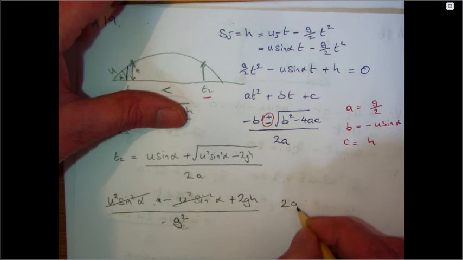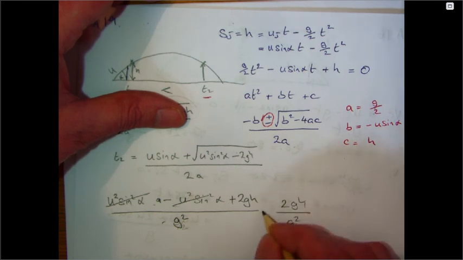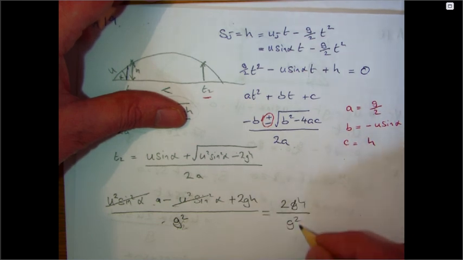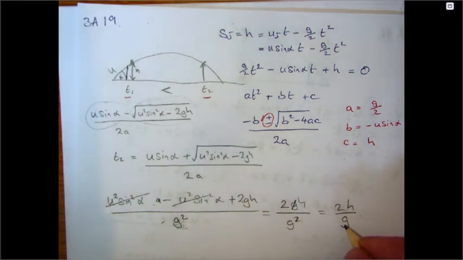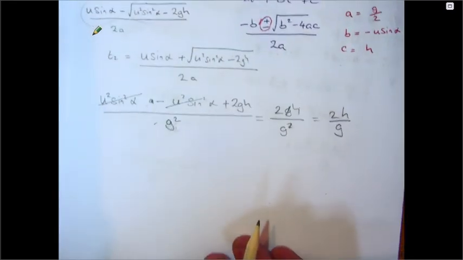So 2gh over g squared. That cancels with that to leave me with 2h over g. Pray to good God, that's still on the screen. Yes, that's the first one.